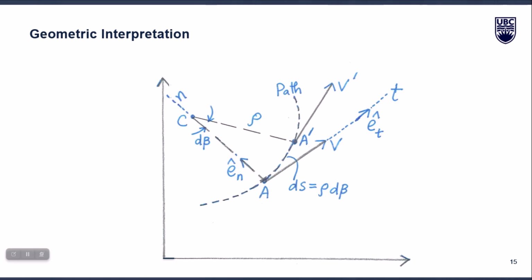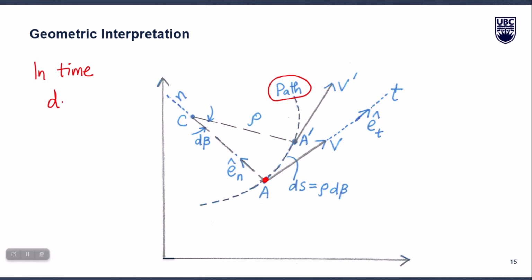So in order to have a geometric interpretation of this same equation, let's go back to the same figure which we discussed last time, and that figure said that if a particle is moving in a curved path, right? So this is the path, and at one time instant it was at point A, and at next time instant it was A prime.